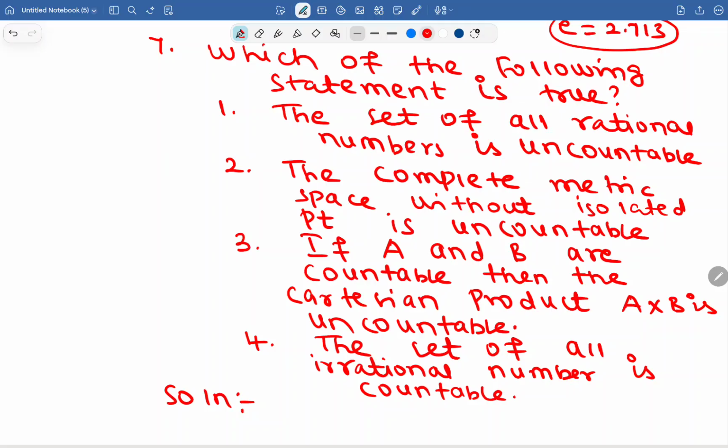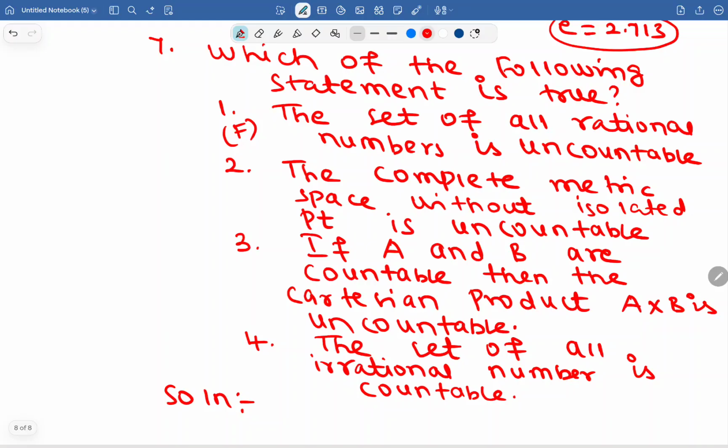For the seventh problem, we have to check which one of the statements is true among the four. See, the first statement, a set of all rational number is uncountable. We know very well, set of all rational number is countable. This is false statement. See, in the fourth option, set of all irrational number is countable.